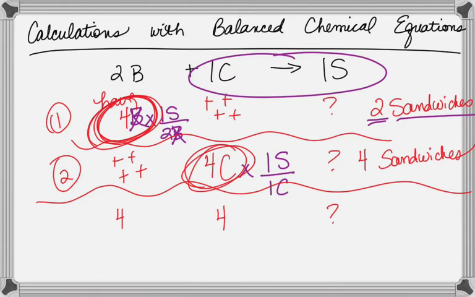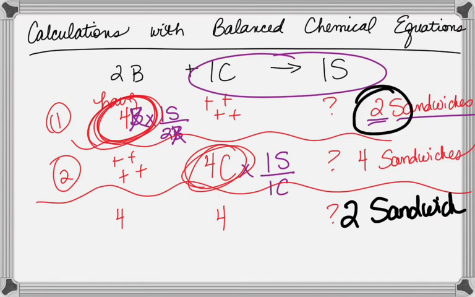I want you to stop and think about it. If 4 breads makes 2 sandwiches and 4 cheeses makes 4 sandwiches, then if I have 4 of both, will I make a total of 6 sandwiches? No. The answer is 2 sandwiches.